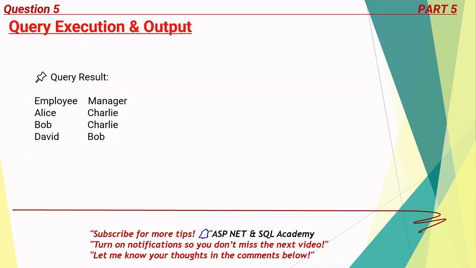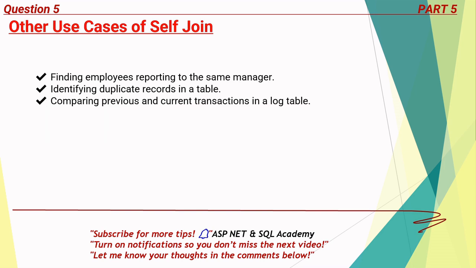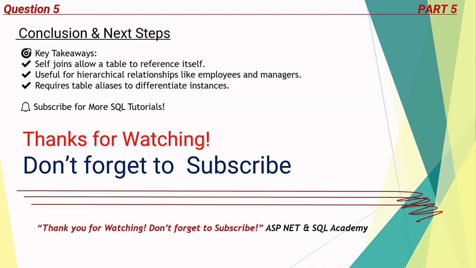When we execute the query, we get a list of employees and their corresponding managers based on the manager ID relationship. Self-joins can be used in various scenarios such as finding employees under the same manager, detecting duplicate records, or analyzing historical data within the same table. That's how self-joins work in SQL.